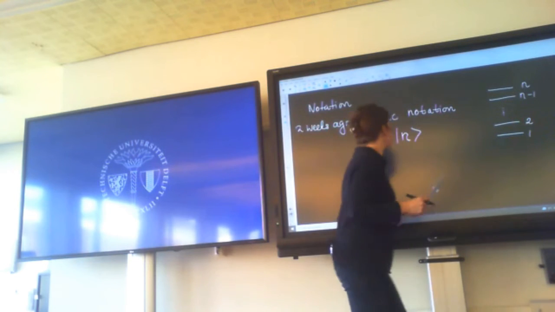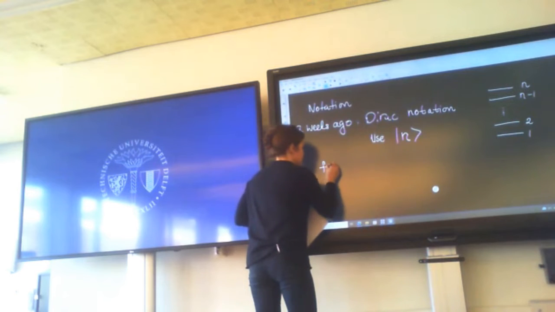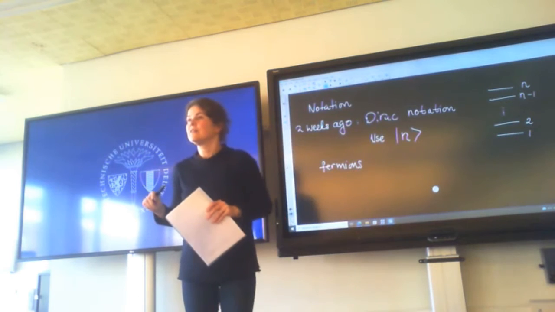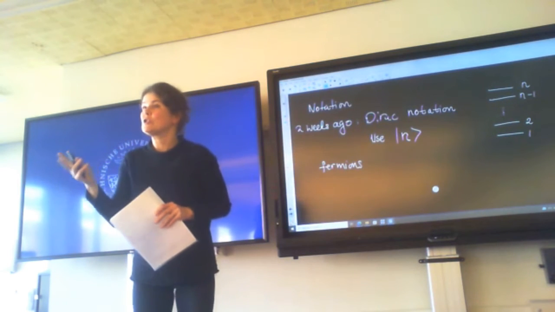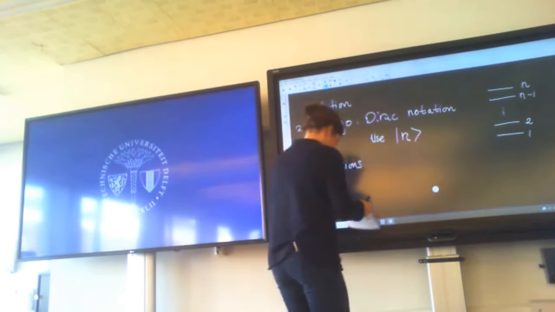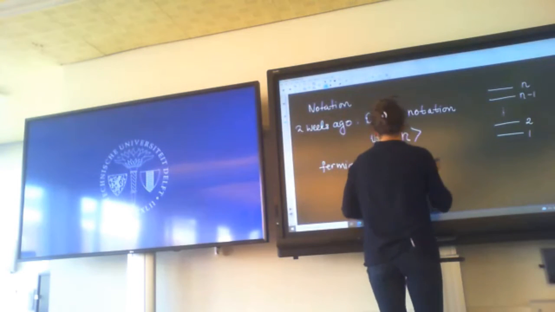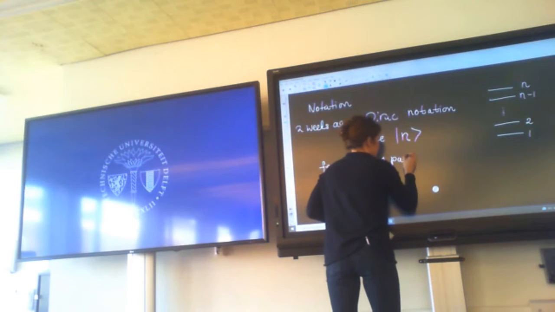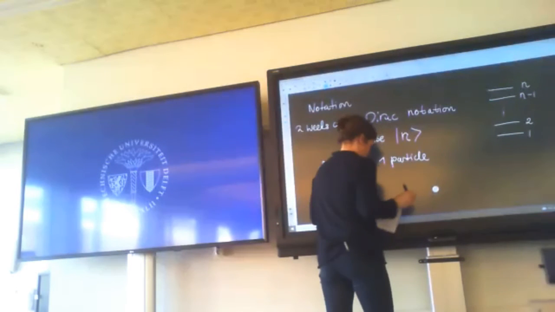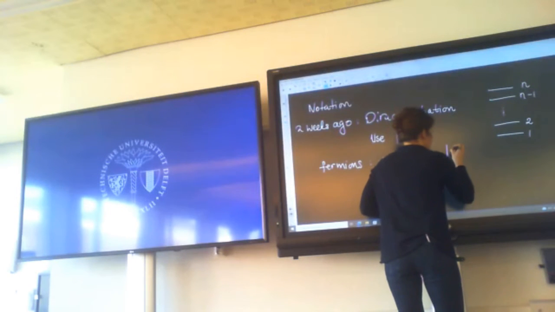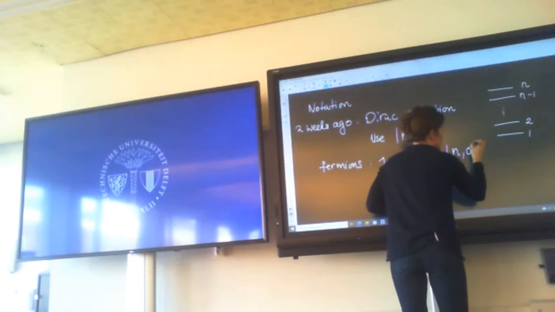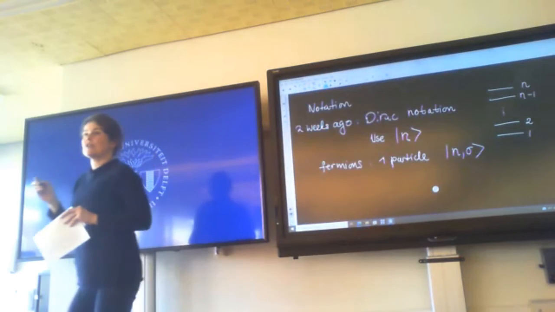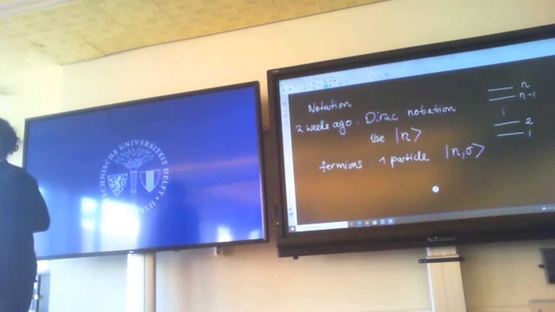Now for fermions, you already mentioned it here, I will need 2 labels because now spin also needs to be specified. So for fermions, imagine I have one fermion, then I would use something like this. I need to specify both the energy, index n, and the spin state.